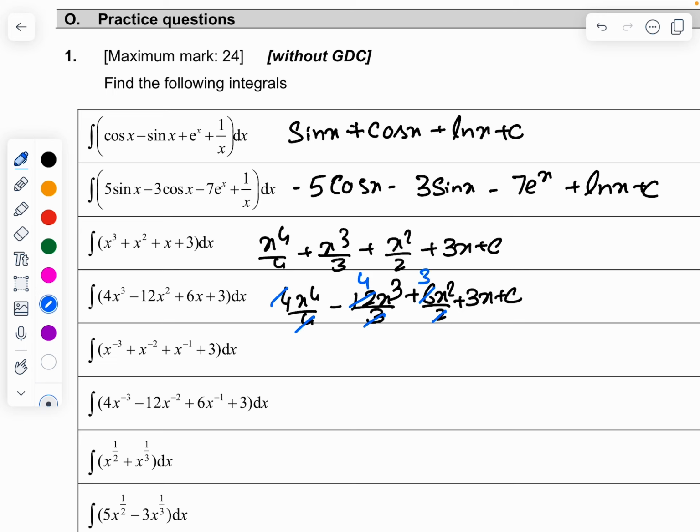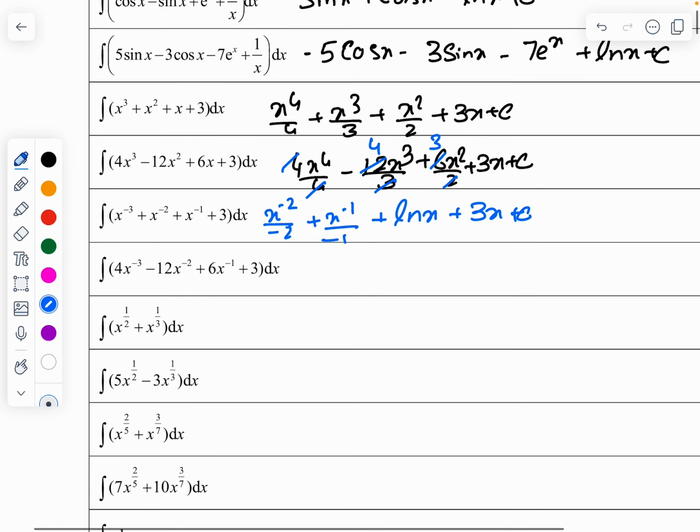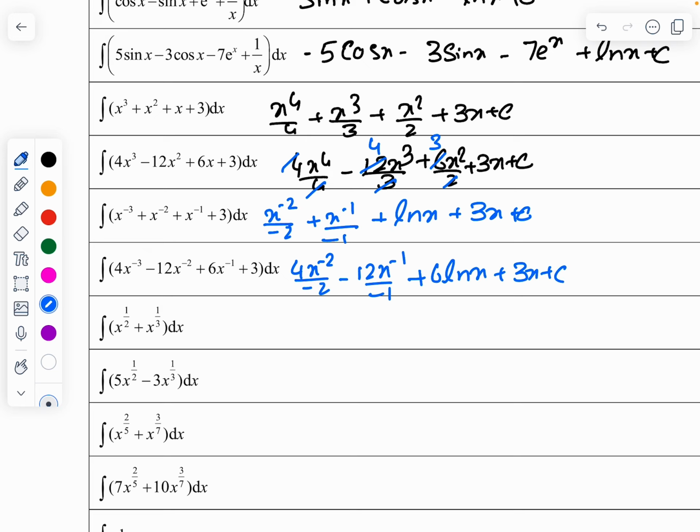Then x power minus 3 becomes x power negative 2 upon negative 2 plus x power negative 1 upon negative 1. X power negative 1 will become ln x plus 3 integral is 3x plus c. Next it is 4x power negative 2 upon negative 2, 12x power negative 1 upon negative 1 plus 6 ln x plus 3x plus c.